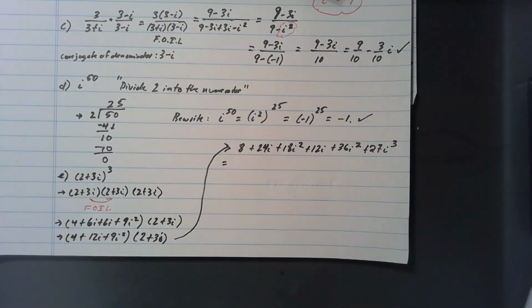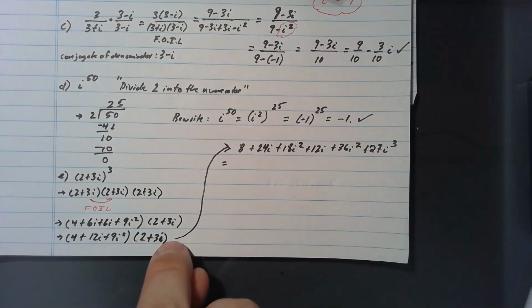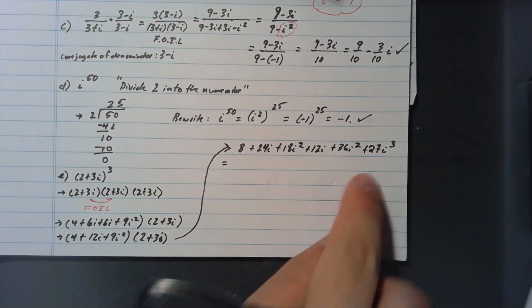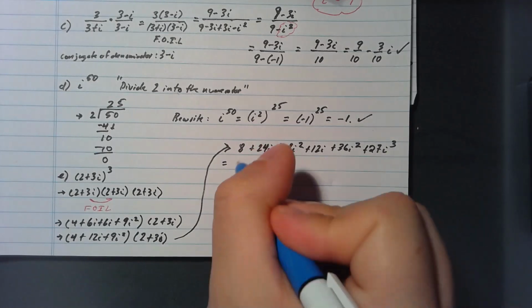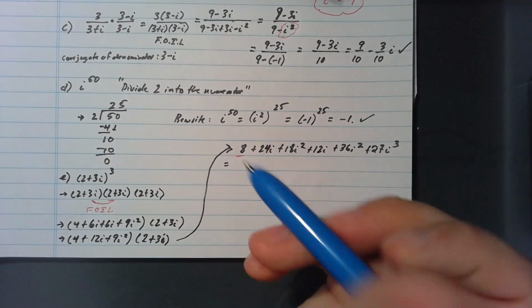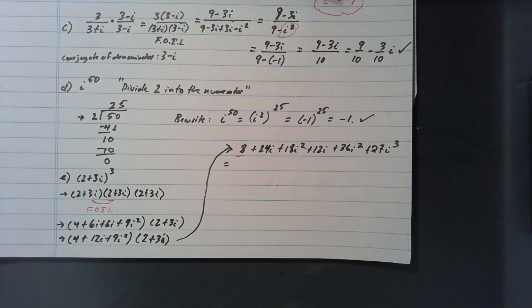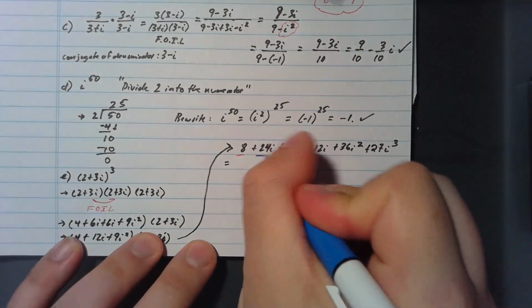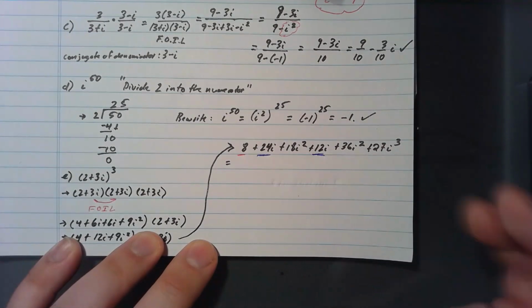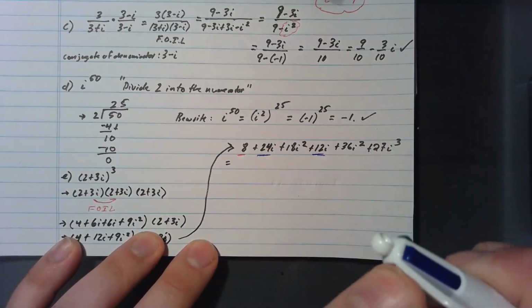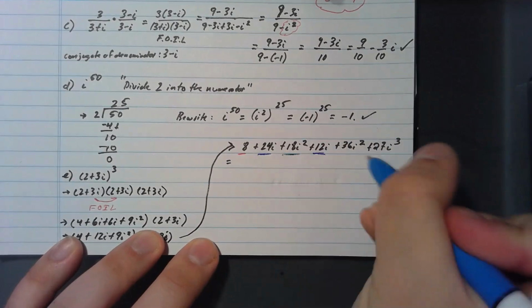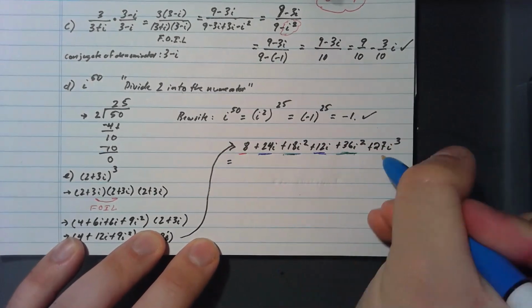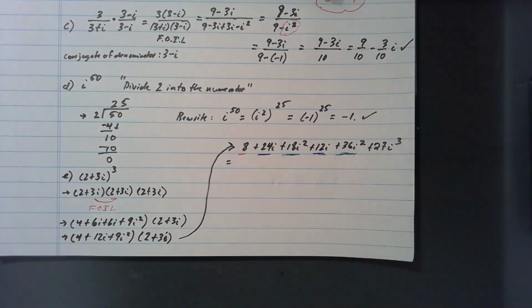Now that I've done this distribution, I'm going to combine like terms. Here's my numbers. Well, I only have one number. Here's my i terms, 24i and 12i. Here's my i squareds. And then I have an ugly i cubed there.